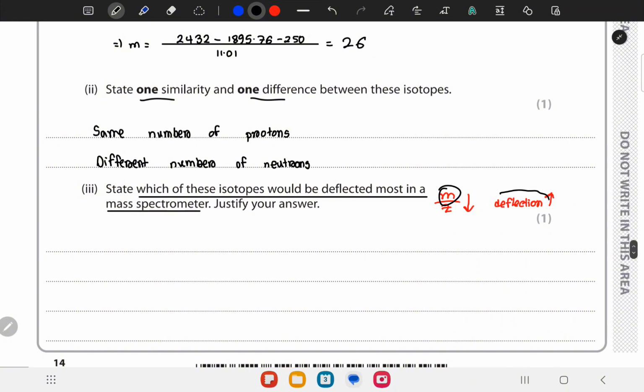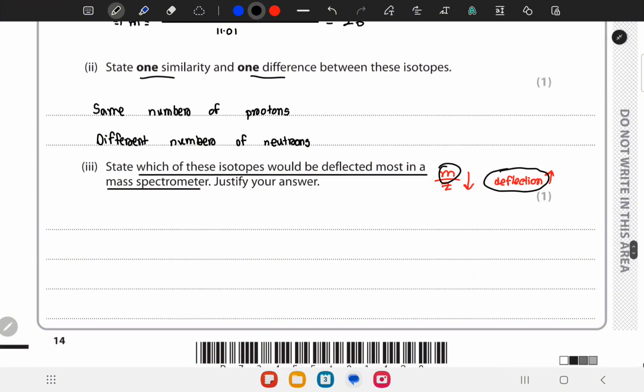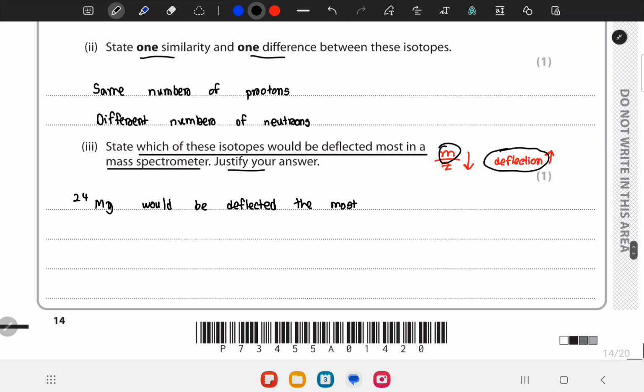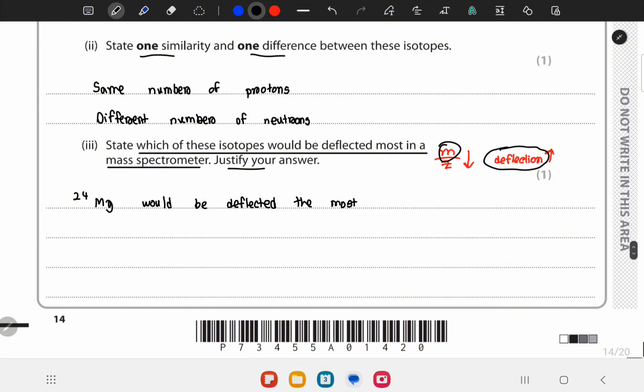So the deflection for magnesium 24 would be the highest. So magnesium 24 would be deflected the most. We're justifying our answer. So we'll write magnesium 24 would be deflected the most because it has the lowest m by z ratio.